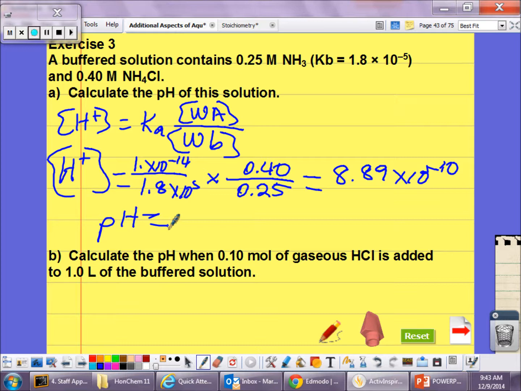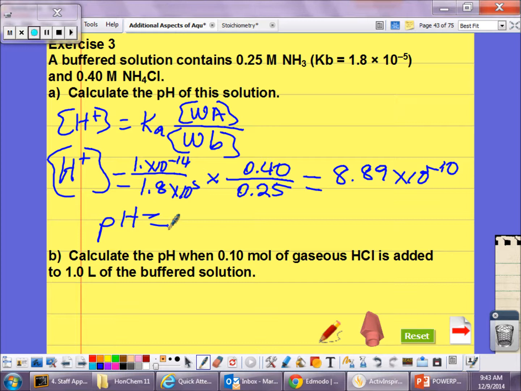Calculate the pH when 0.1 moles of gaseous HCl is added to 1 liter of the buffered solution. So once we start adding, we change to moles. We do the exact same thing, but we just change to moles. So we need to find the moles, but it says 1 liter. That means the molarity will be the same as the moles.